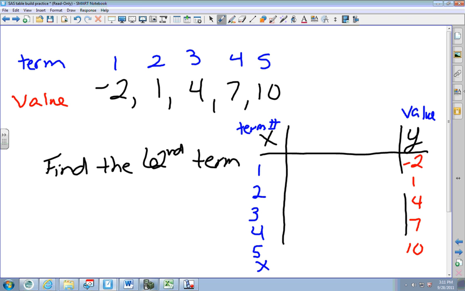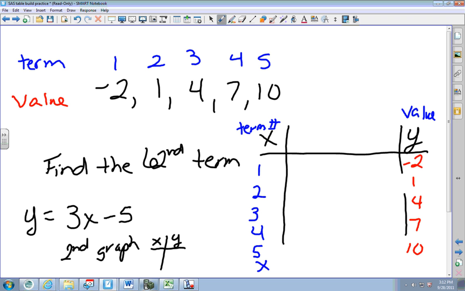Then when you came up with your equation, whatever that is, y equals 3x. If you pause the video right now, you can find the equation. So let's see, 3x minus 5. Then you can put it in the calculator, press second, graph, and look in there where x is 62 to find what the value is. These are just some types of problems that you have with table building.